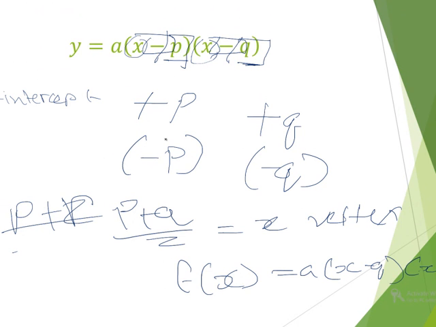You don't have to use the same letters all over again. It's up to you, whatever letters you use, however you remember it, but this is how the equation is written.